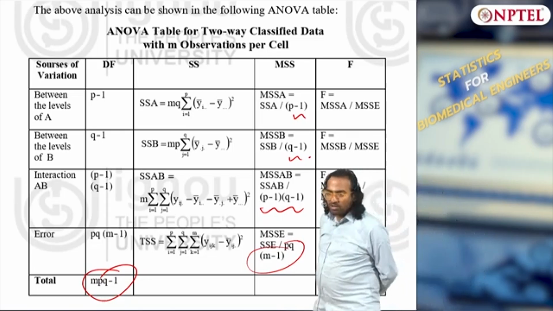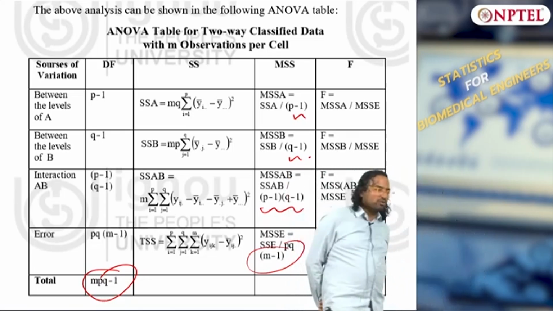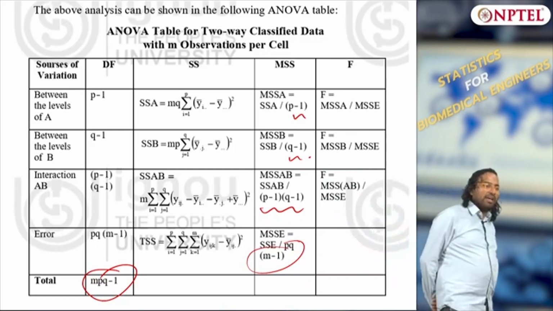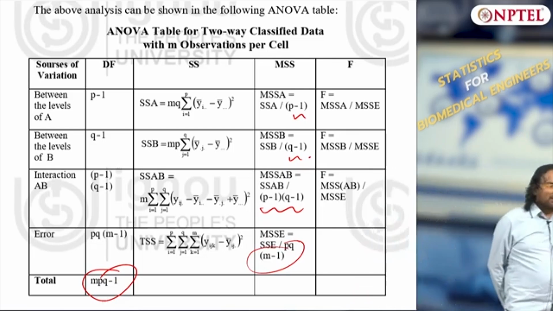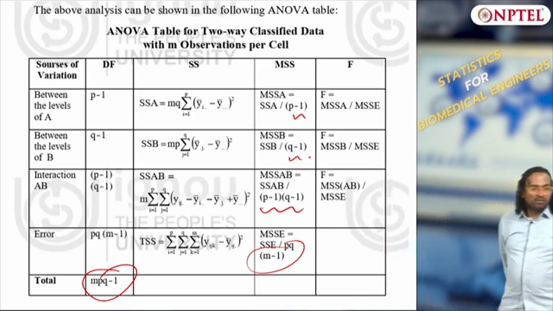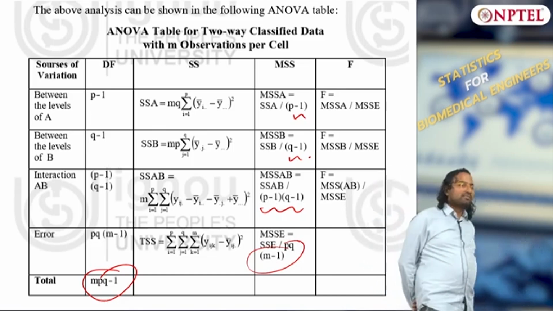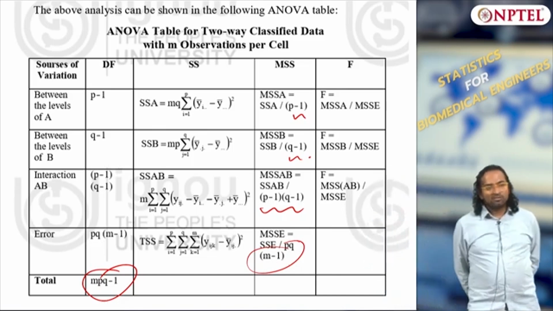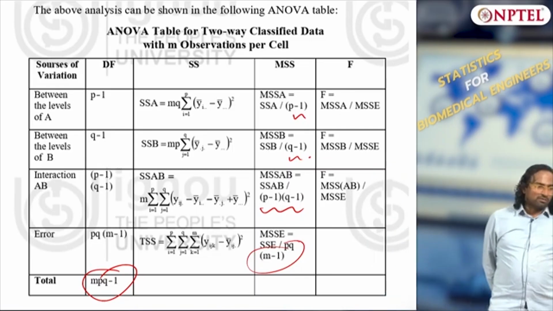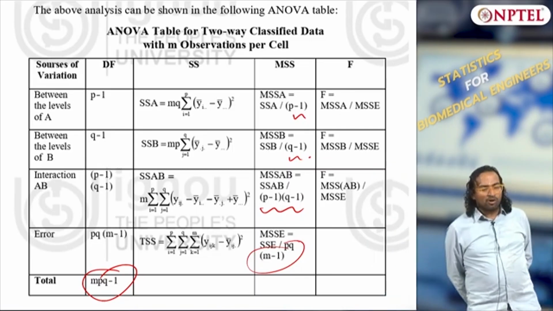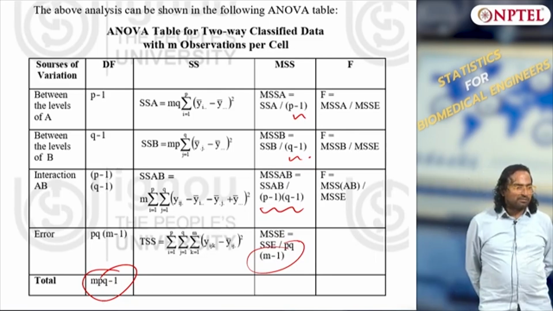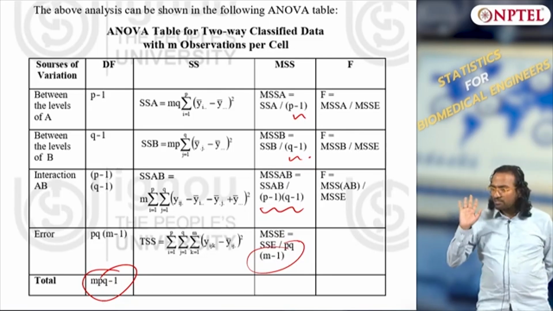It is 3 minus 1, and then for B it is 2 minus 1, and then for AB it is 3 minus 1 into 2 minus 1, and for error, your total degrees of freedom is how much? 3 into 18 minus 1, 17. Okay. So you know the error degrees of freedom, you can calculate, right. All degrees of freedom is fixed.